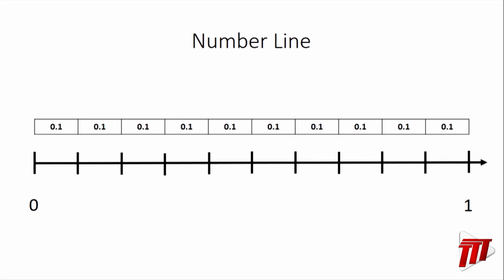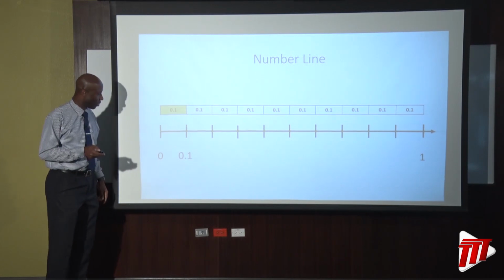1/10 written as a decimal is 0.1. It is written as 0.1. It is expressed as 1/10. So each section, as I mentioned earlier, is equal to 1/10. So from 0 to the first section is 1/10.